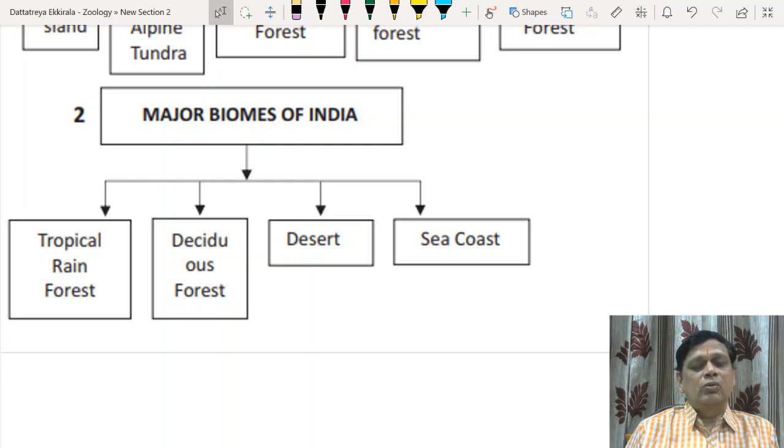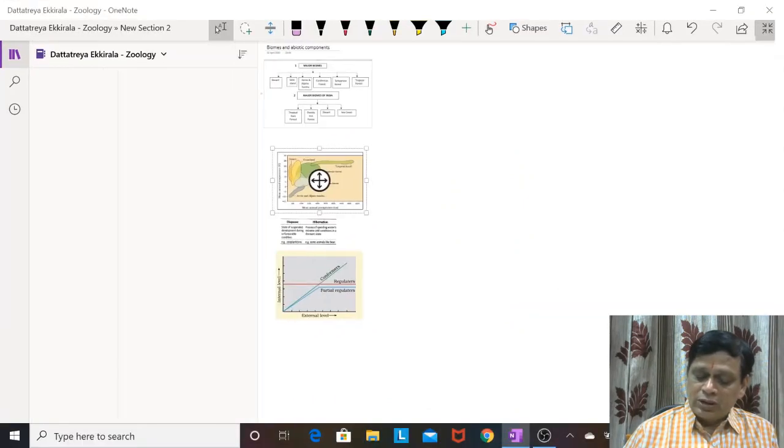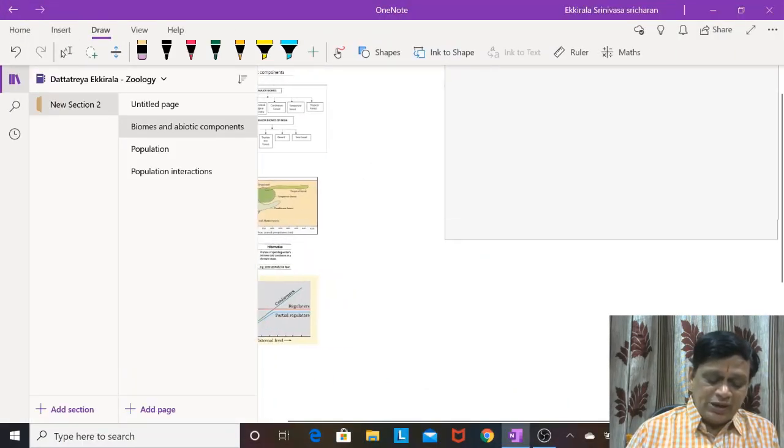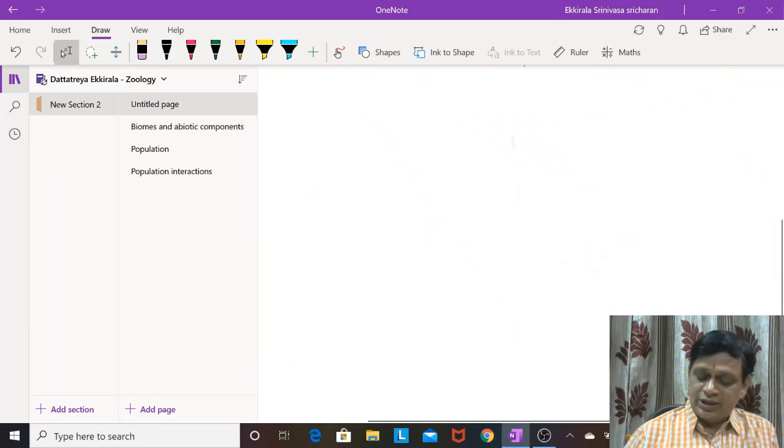But one thing is, abiotic factors: light, temperature, water, most important. Now, here the light and temperature.